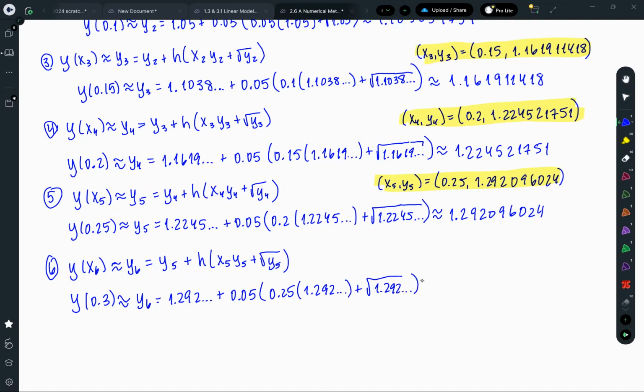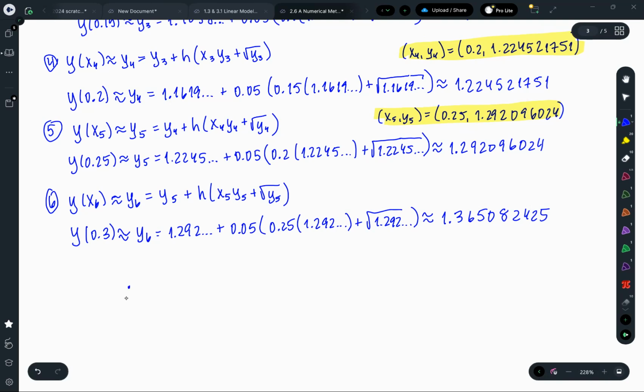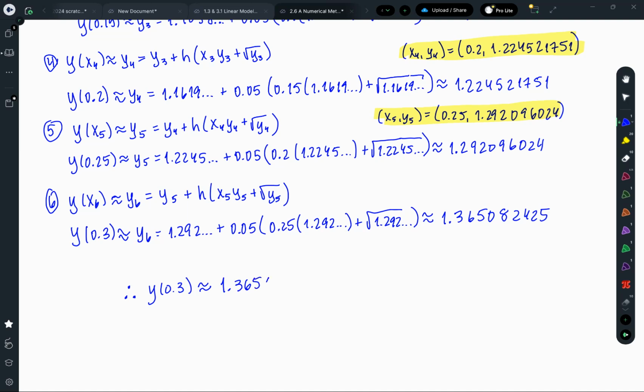And this gives me, in my calculator, 1.365082425. So finally, therefore, y of 0.3 is approximately, to 4 decimal places, 1.3651. And that's the thing we put a box around.